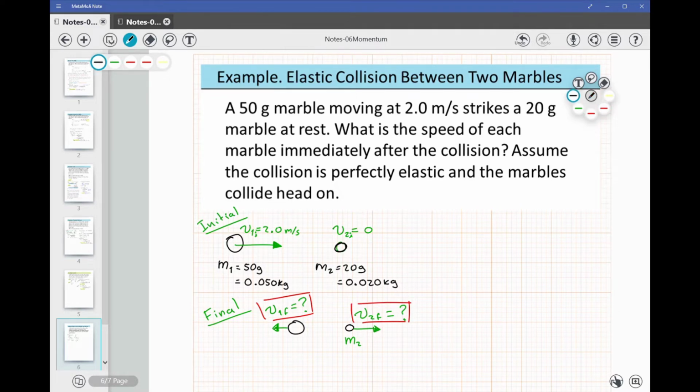So let's write then our equations from the previous slide. Remember that for perfectly elastic collisions, the following two equations are valid.